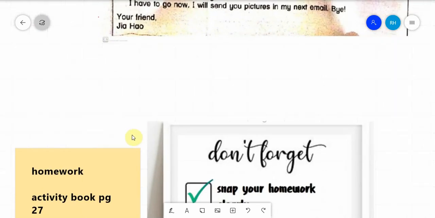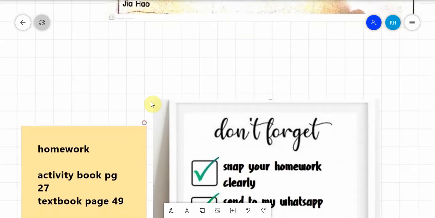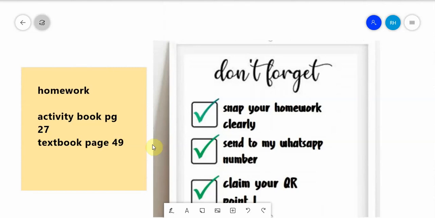Okay, now we are at the end of our lesson. For the coming holiday, I hope everyone will do a revision by finishing your homework. The first homework is on activity book page 27 and the second one is textbook page 49. Both are writing exercises.